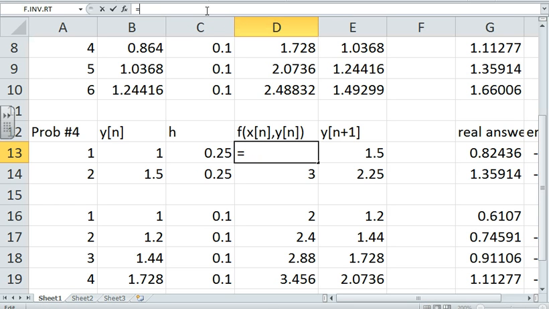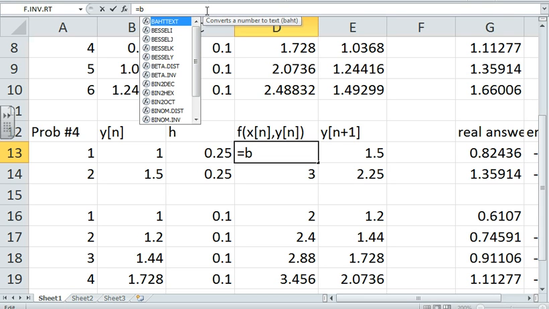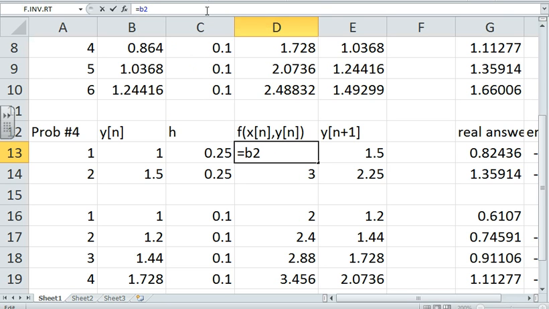Okay, so x is going to be what? X is going to be B2 minus 1. No, it's not.